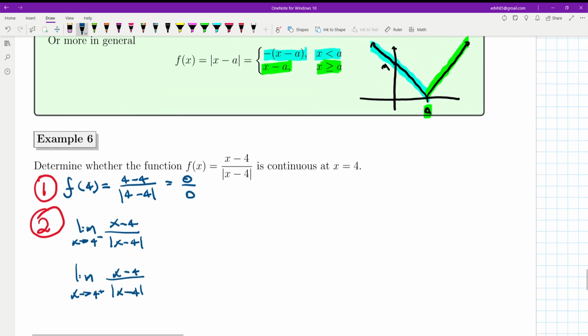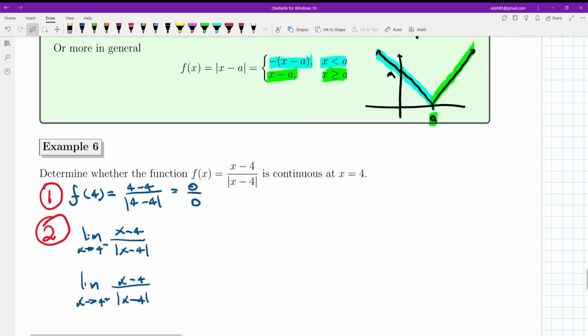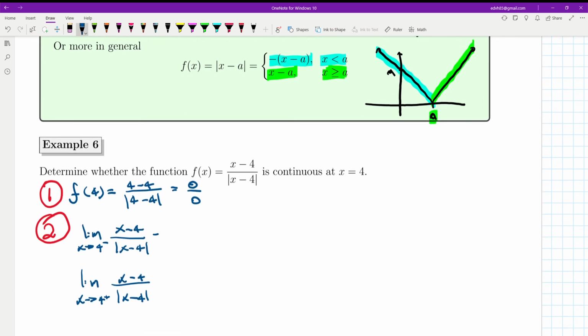Now, from the definition of the absolute value function, from the left, I'm going to replace the absolute value bars with a negative in front and parentheses around the expression. When we simplify this, x minus 4 over x minus 4, what do we get?